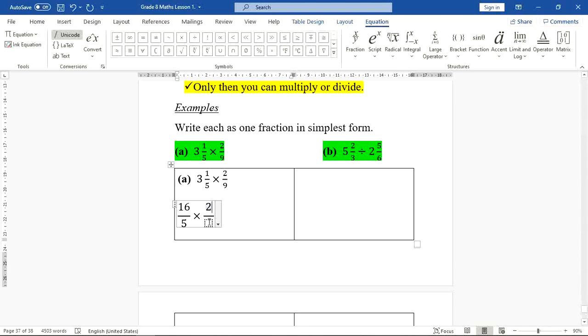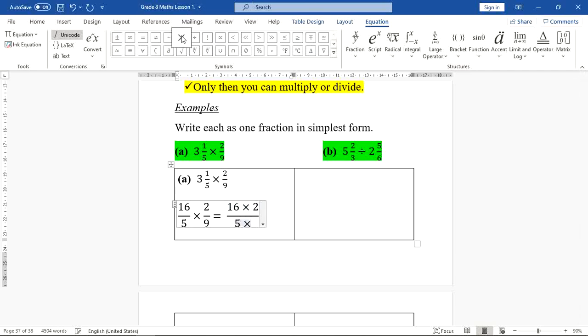So now we don't have mixed numbers anymore. What we need to do is just multiply. So we need to multiply 16 by 2, and 5 by 9.